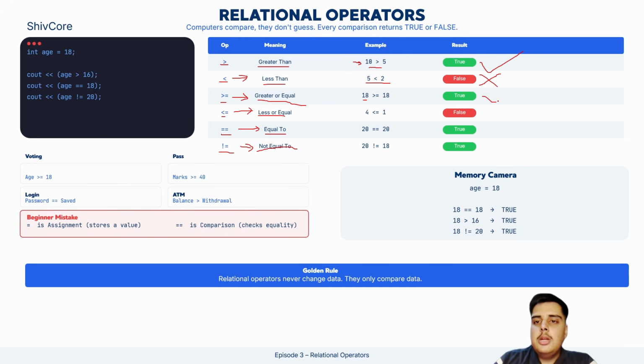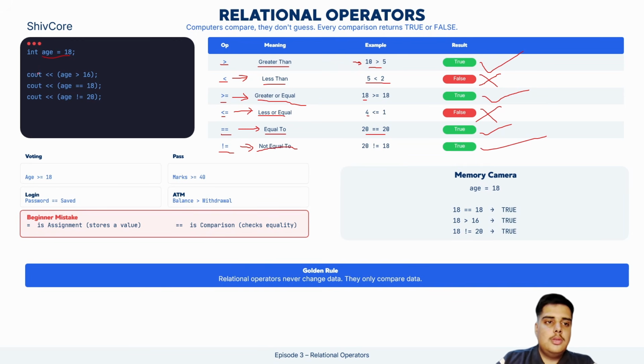So it will be true. 4 is less than or equal to 1. No, 4 is not less than or equal to 1. 20 is equal to 20. Yes, it is, and that's why it is true. 20 is not equal to 18, and that's why it is true.